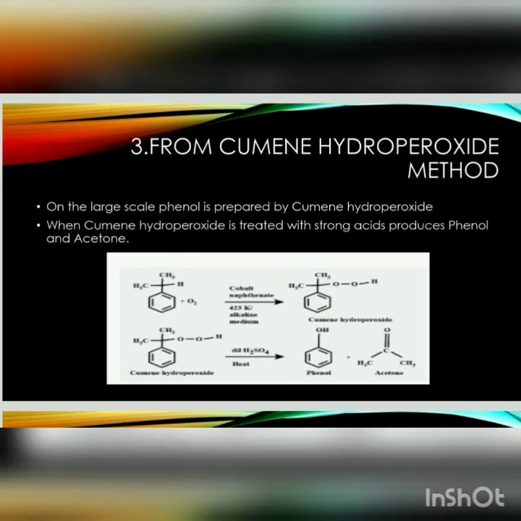Then third preparation is from the cumene hydroperoxide method. From cumene hydroperoxide, we can prepare phenol by oxidation. On a large scale, phenol is prepared by cumene hydroperoxide. When cumene hydroperoxide is treated with strong acids, it produces phenol and acetone.